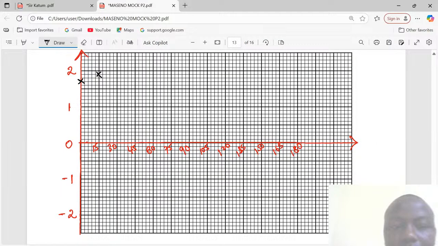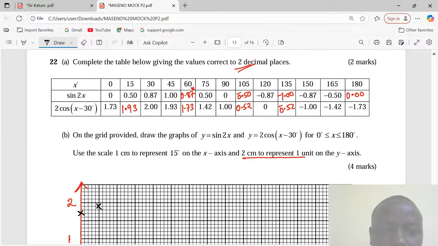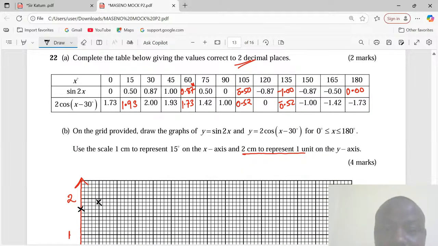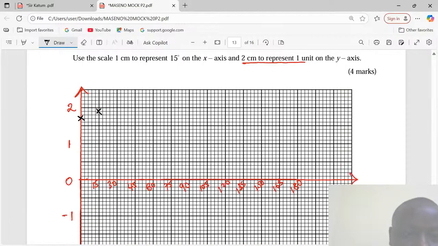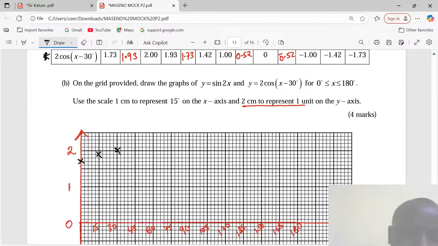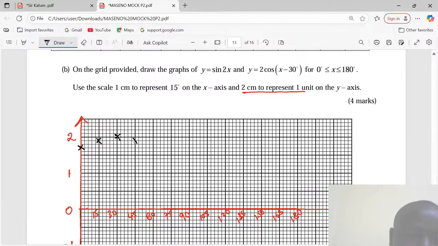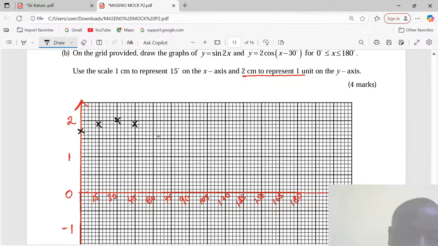That is the point. 30 goes with, okay, this is the second curve. Yeah, we are dealing with this one first. Sorry for that. Then 30 and 2. 45 and 1.9. Then 60 and 1.7.